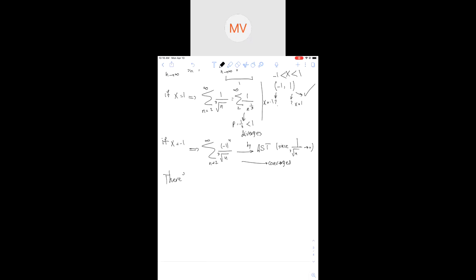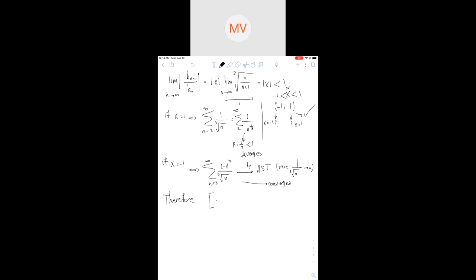Therefore, we have to include negative 1 on this side. So the closed negative 1, open 1 interval is the interval of convergence.